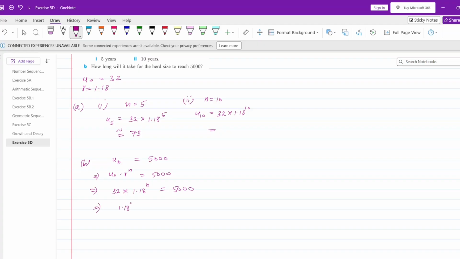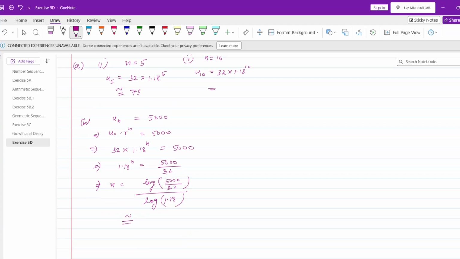So 1.18 raised to the power n equals 5000 divided by 32. So n equals log of 5000 divided by 32, divided by log 1.18, which is 30.52.